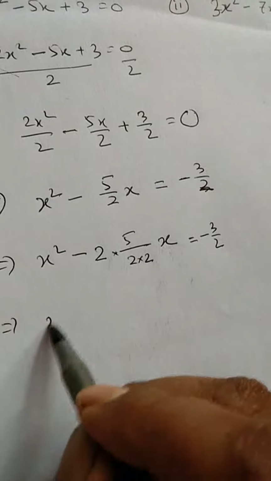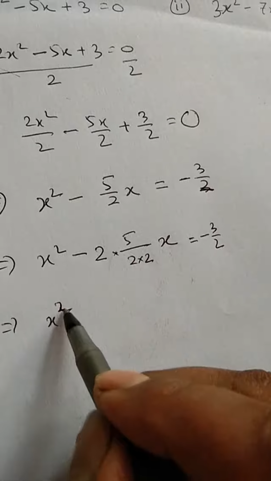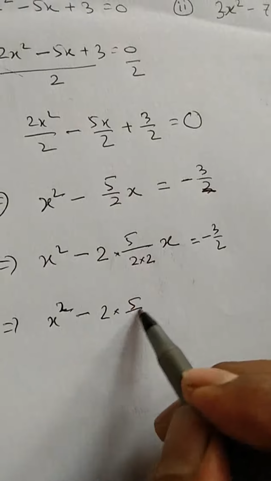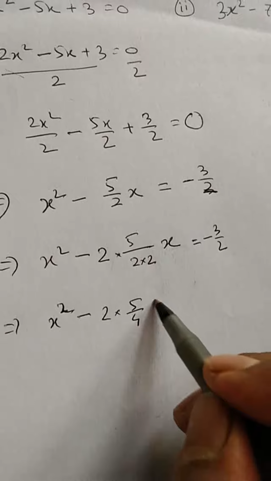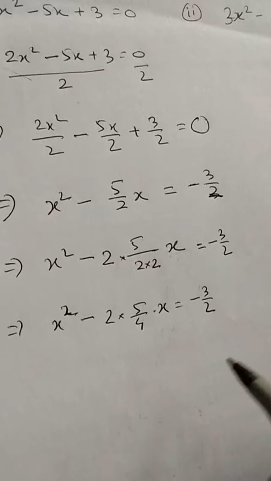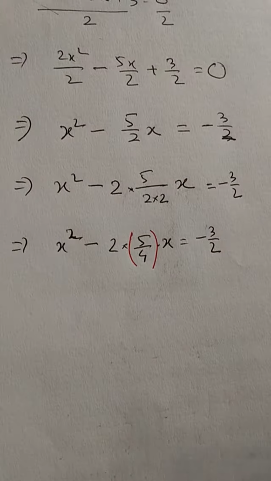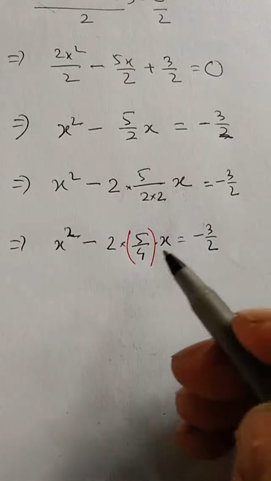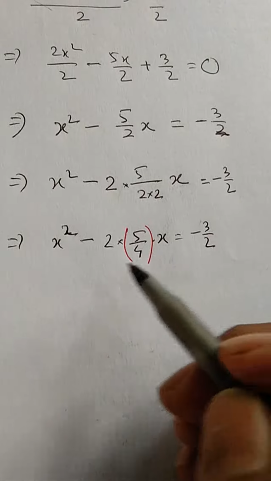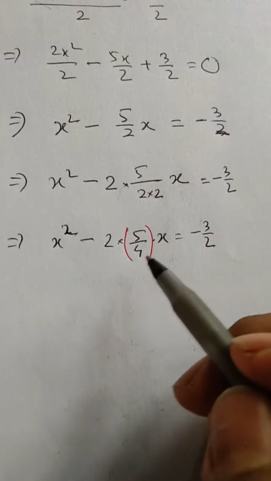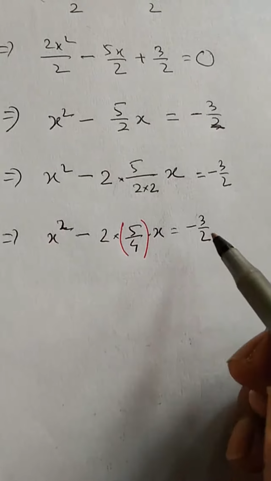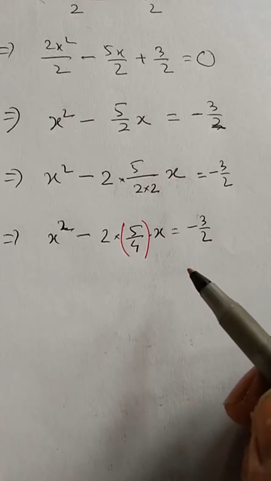Now this will be x square minus 2 into this 5 by 4 and into x equals to minus 3 by 2. Now as earlier, in between 2 and x we have 5 by 4. So along with this expression we have to add 5 by 4 square on both sides of the equation.